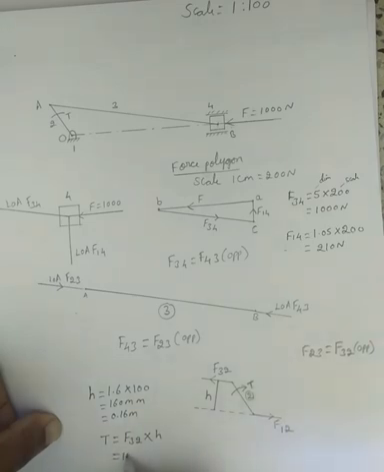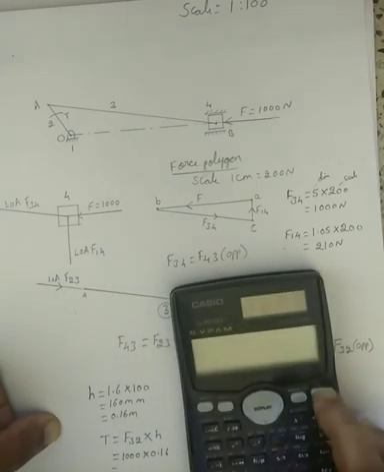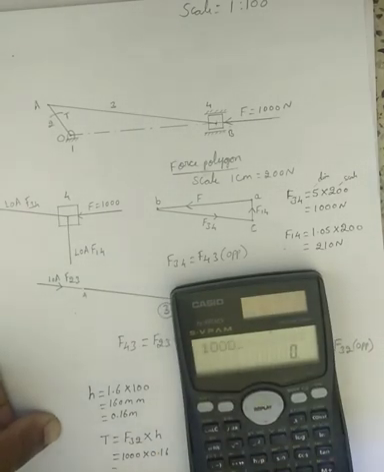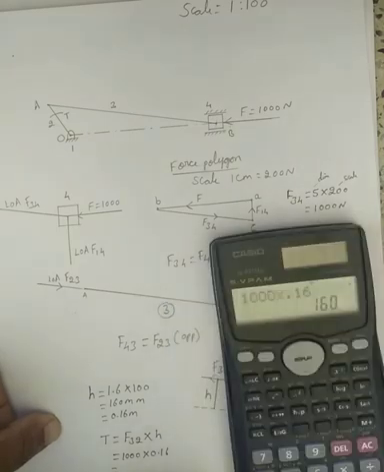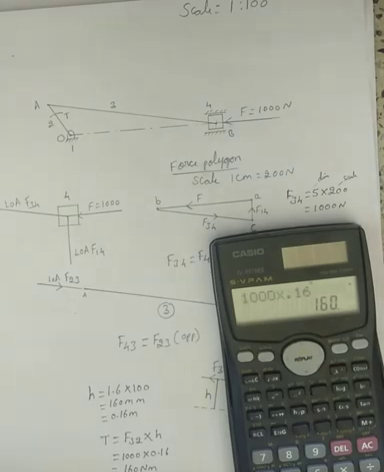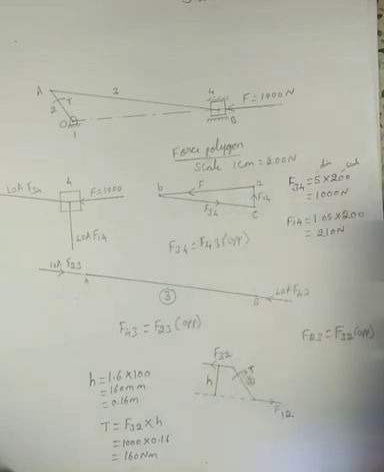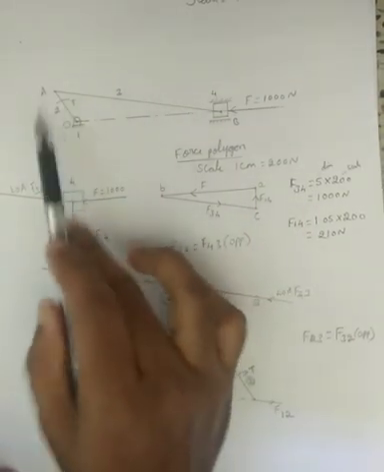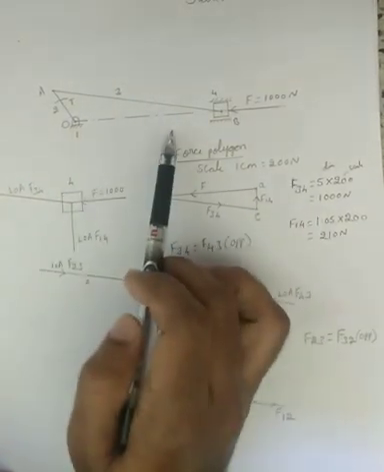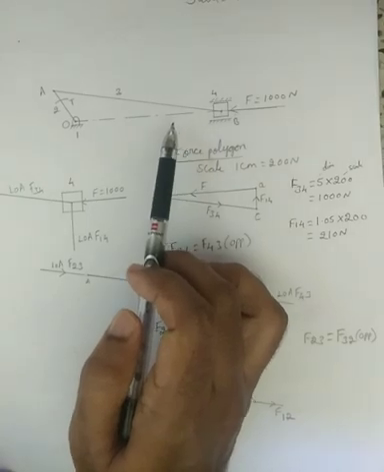So it is 1000 Newton, into h which is 0.16. 1000 into 0.16, I will get 160 Newton meter. So 160 Newton meter is the torque required to make the system in equilibrium. That is the problem they have asked: find out the torque.